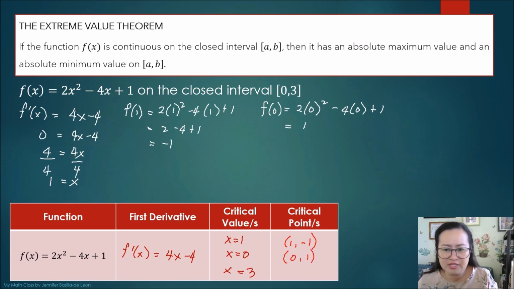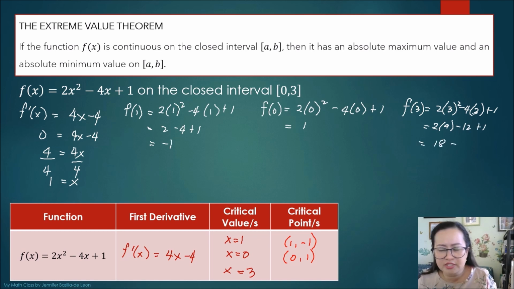Now, when x equals 3, let's evaluate when x equals 3. So we will have 2 times the square of 3 minus 4 times 3 plus 1. So this will be 9. Then we can have this as 12. Then we have 18 minus 12 plus 1.